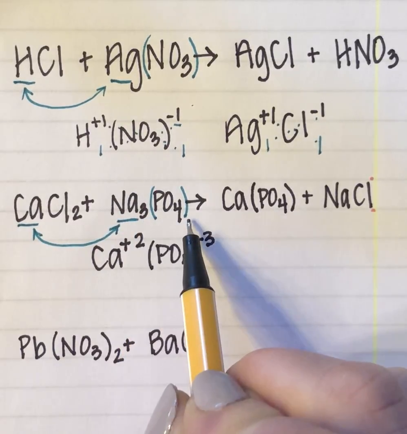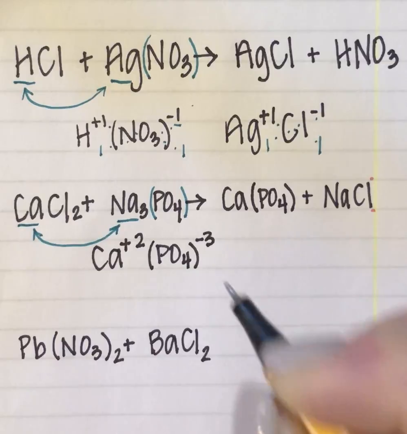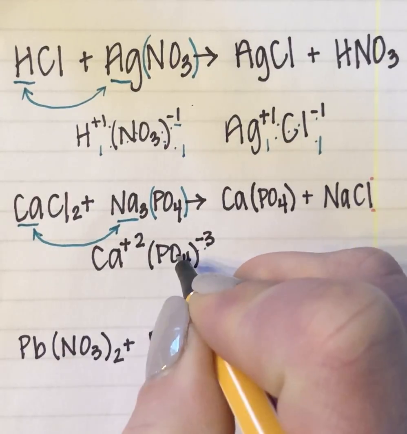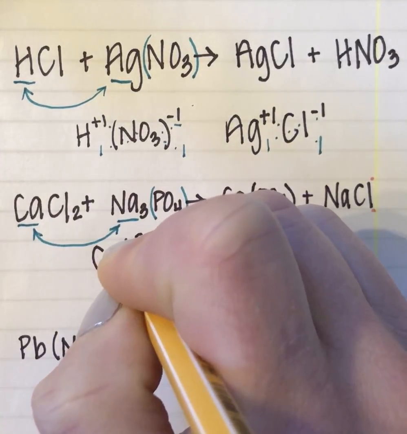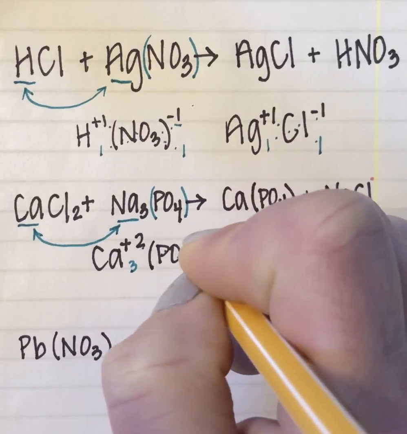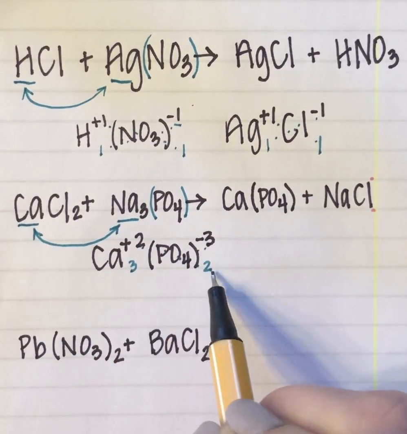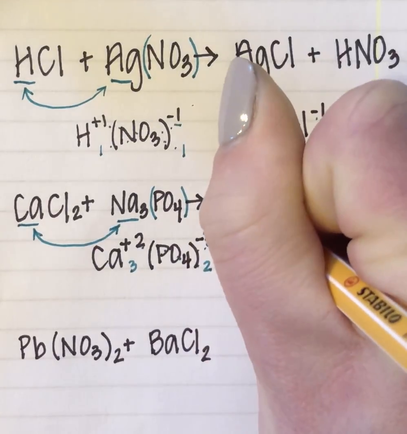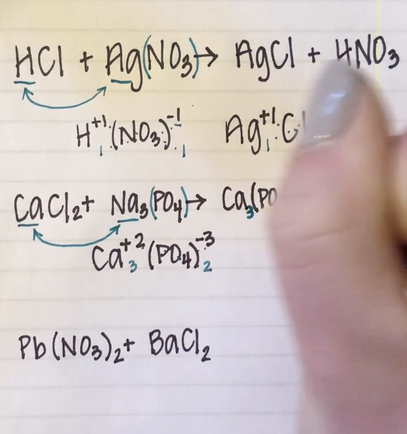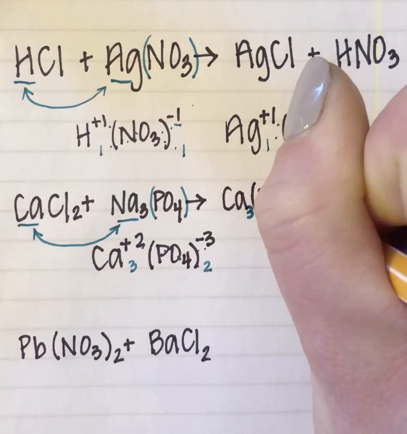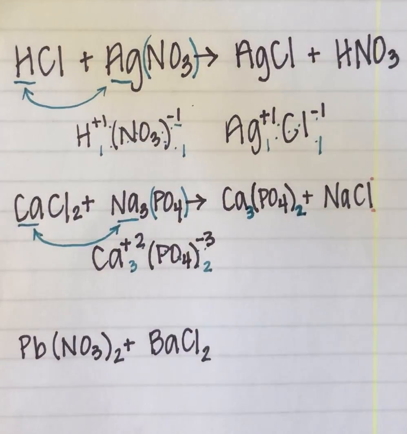There's 3 of them, and there's only 1 of the phosphate. And so this 3 will swap down here. This 2 will come over here, and they combine in a calcium 3, phosphate 2 ratio. So make sure we add that up here. So notice that this 2 is going outside the parentheses.